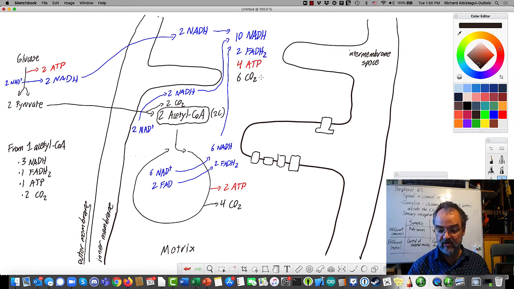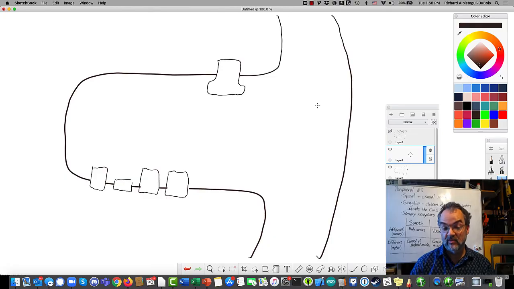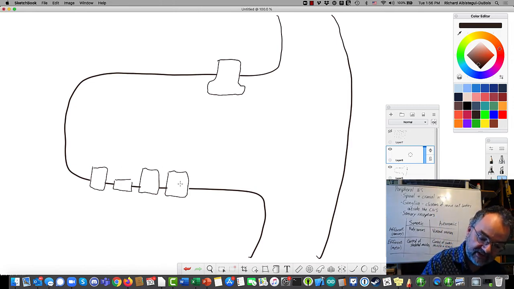I'm going to have to redraw this. This is where these things over here are going to come into it. So let me redraw this one more time to focus in on that. So we focused in one more time, and now just on that one spot in the mitochondria where we had those weird proteins. This little set of 4 down here, collectively we call the electron transport chain.